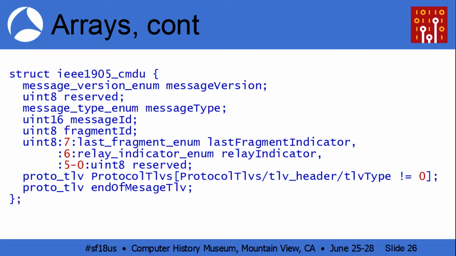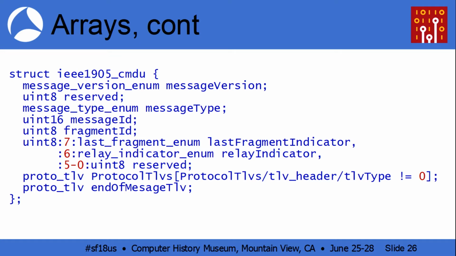So this is kind of a while statement which says while the value in this structure, in the TLV header in that structure, in the TLV type is not 0, keep on dissecting these protocol TLVs.